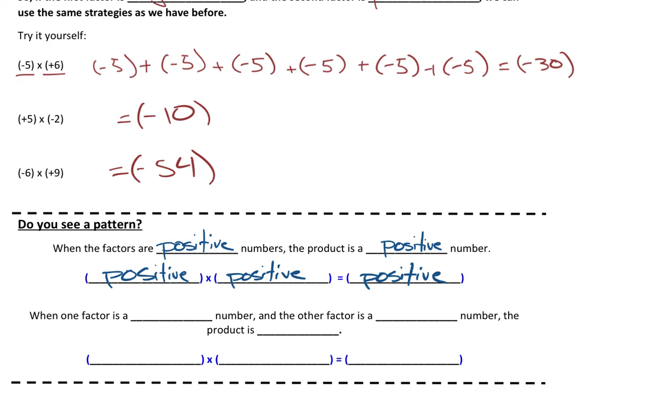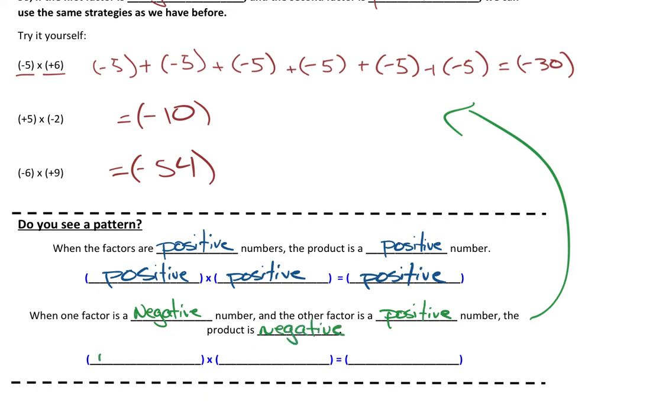Okay, and then if we think about what we just saw up here, we have one negative and one positive factor. So when one factor is a negative number and the other factor is a positive number, our answer is going to be negative.